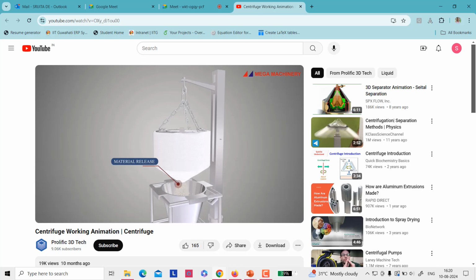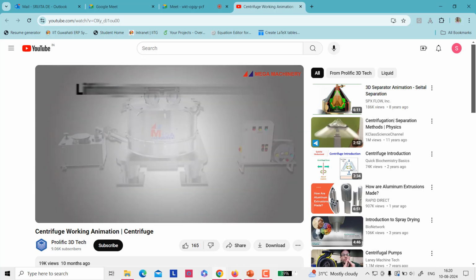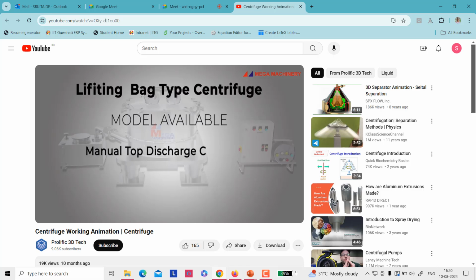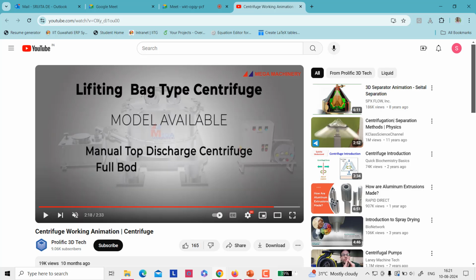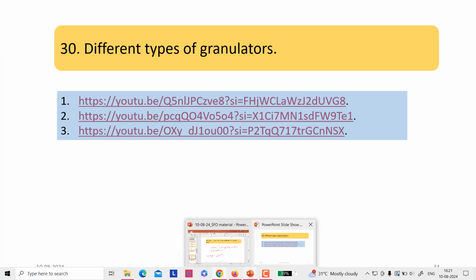Now the materials are released. So this is how a centrifuge granulator works.